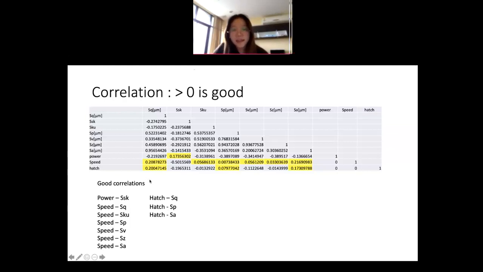So I highlighted the ones that have a good relationship with power, speed, and hatch. In conclusion, power and SSK, speed is good with everything except SSK, but hatch is good with only 3 of them.